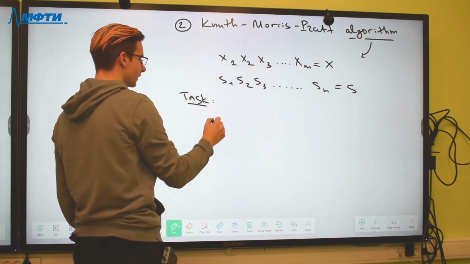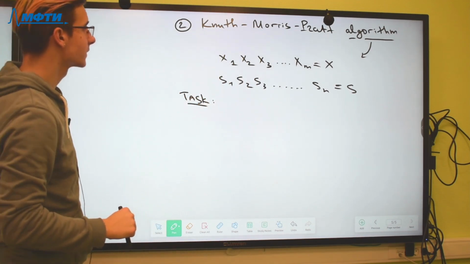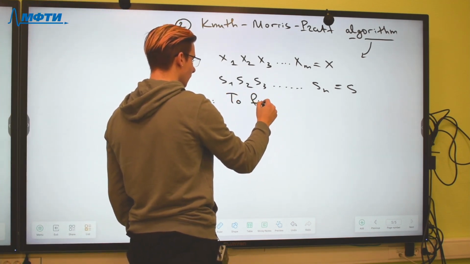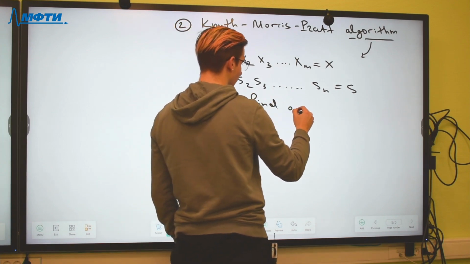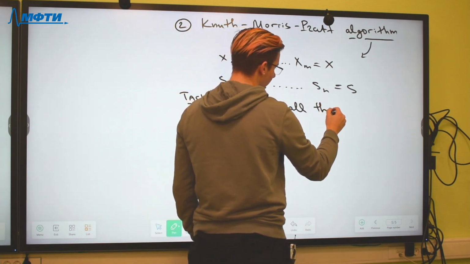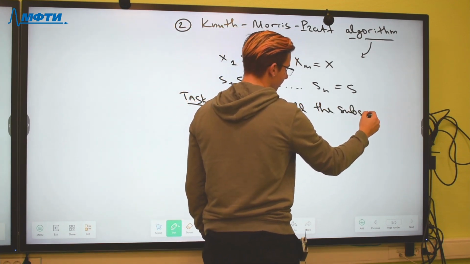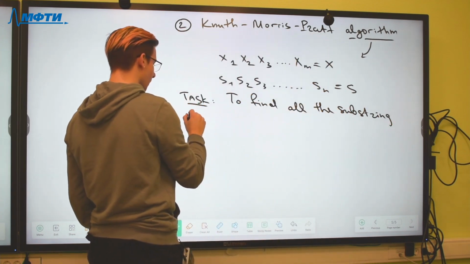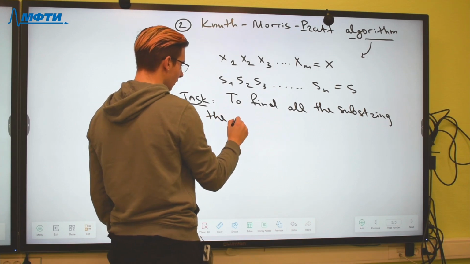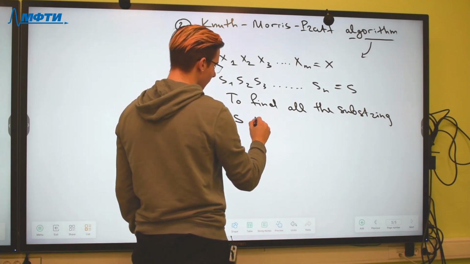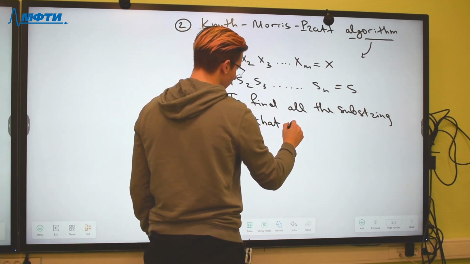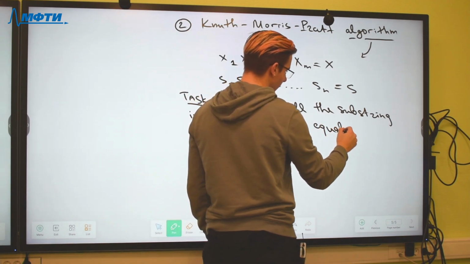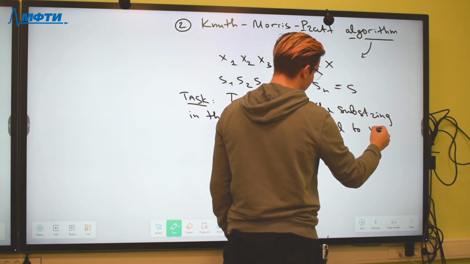And the task is to find all the substrings in the s that are equal to x.